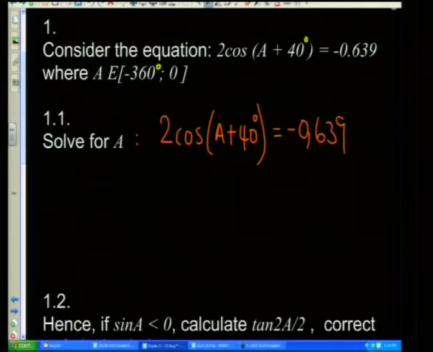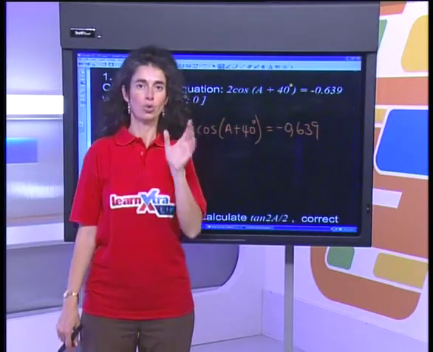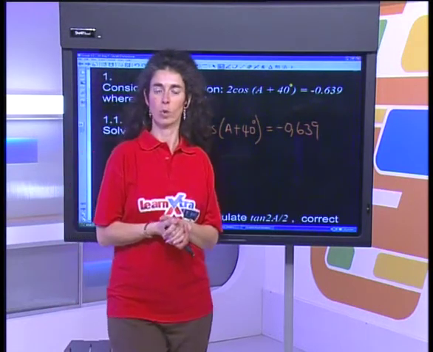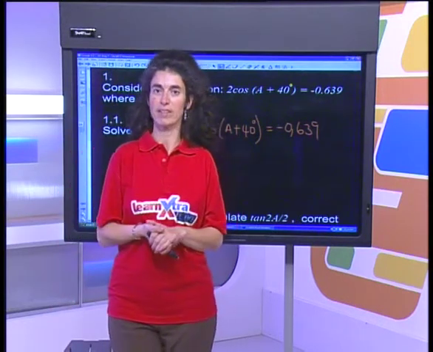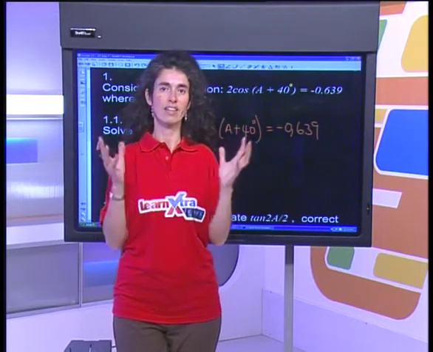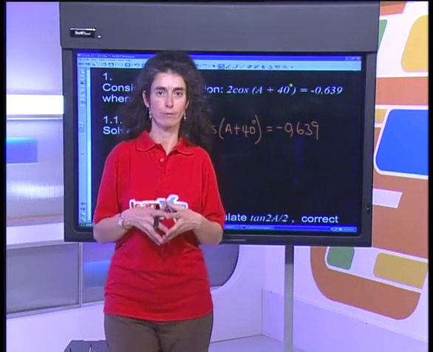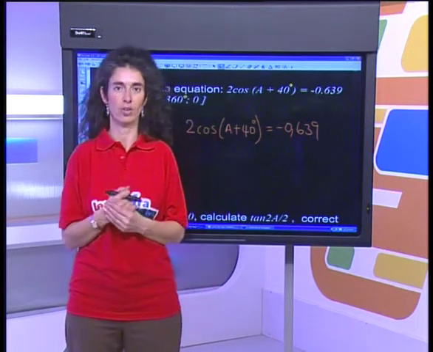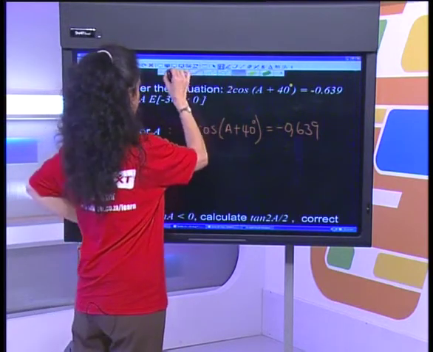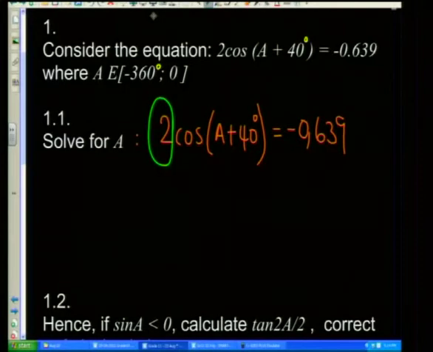Now again, as when we worked with sine θ and cos θ earlier, your trig ratio has to be the subject of the formula. If you've got any terms or coefficients that the cos ratio is attached to, we need to solve for that ratio first before we can use the calculator. In our equation there's a coefficient of 2. We've got to get that coefficient to be 1.